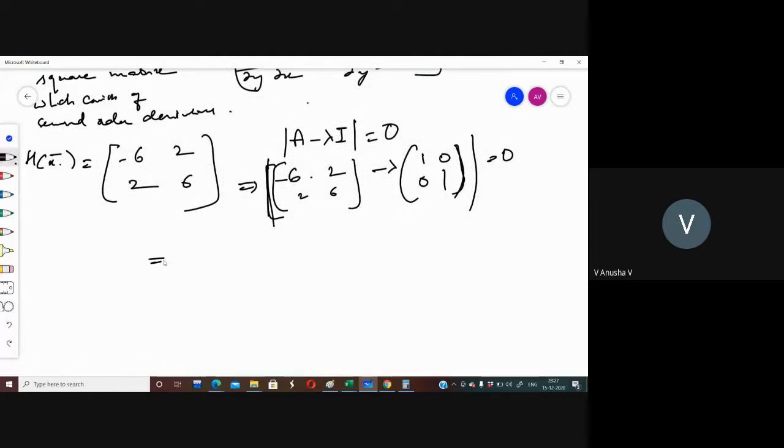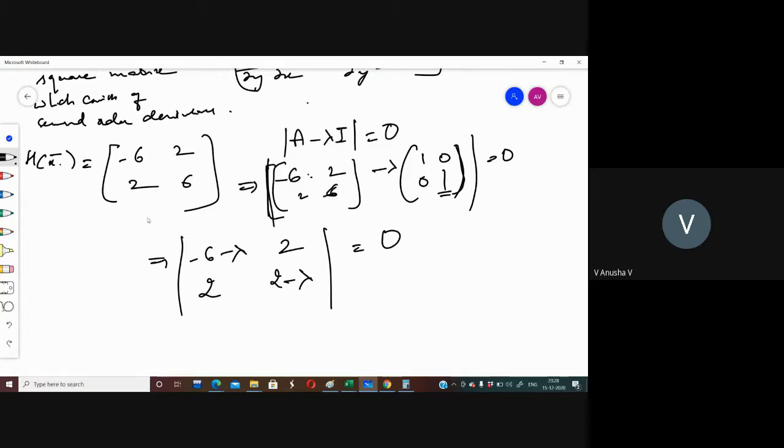So I'll be getting here minus 6 minus lambda, 2, and 2 minus 0 will be 2 only. And here you will be having 6 minus lambda, equals 0. That's what I have written here: minus 6 minus lambda, 2, and 2, and here again 6.